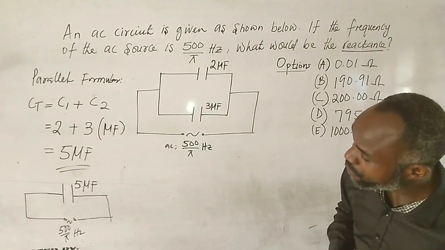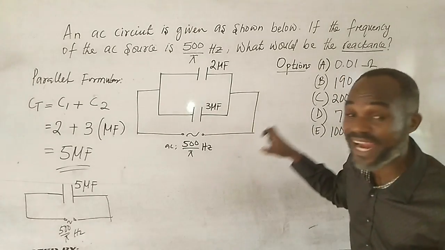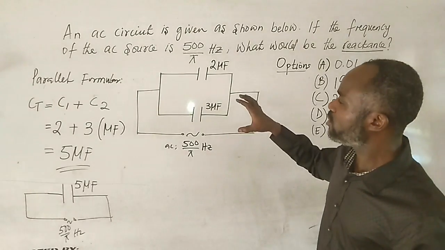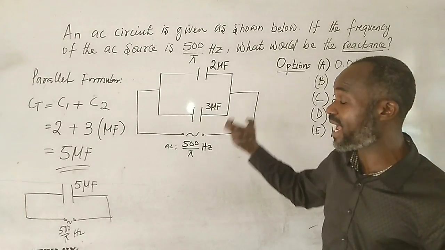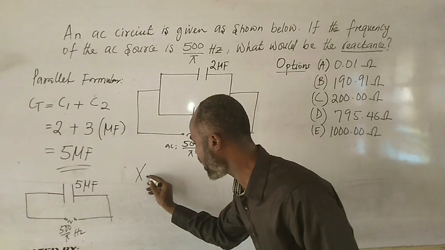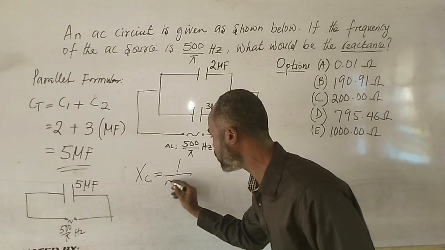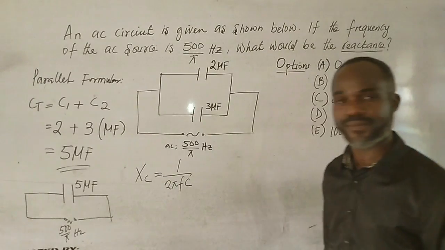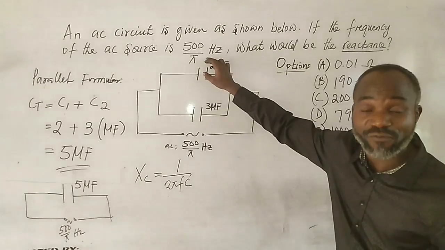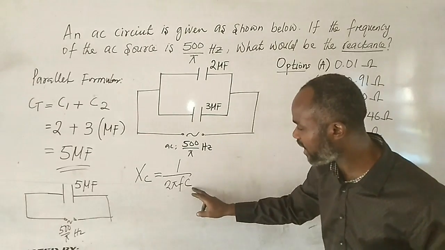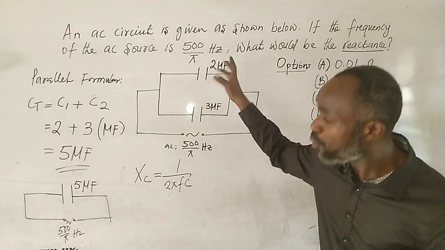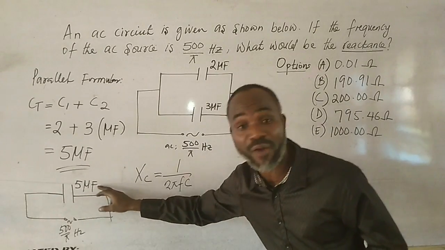We recall that to find the capacitive reactance offered to the flow of current by a capacitor in an AC circuit, Xc is equal to 1 all over 2 pi F C, where F is the frequency given in the question, 500 over pi, and C is the value of the parallel arrangement of the capacitors, which has been calculated to be 5 microfarad.